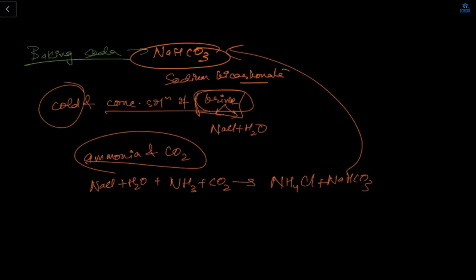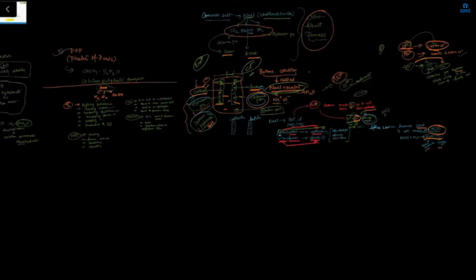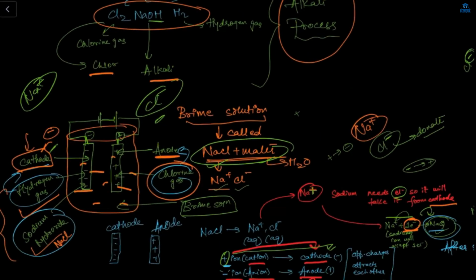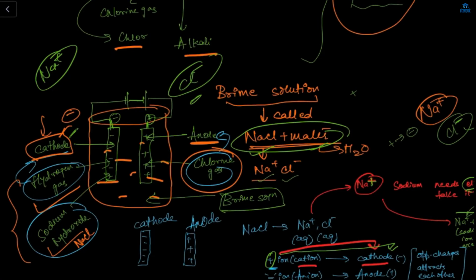Okay, now you got it, see here. It is produced on a large scale by treating a cold and concentrated solution of NaCl. NaCl and water, see here, I have already taught, where is the brine solution? Yes, see. This was a brine solution. Here in this beaker, I've put the brine solution and I put two electrodes, one cathode and the other anode, right? And here I took which solution? Brine solution.